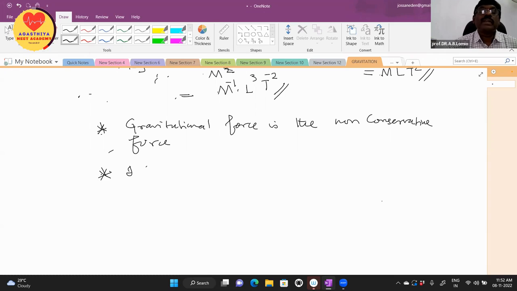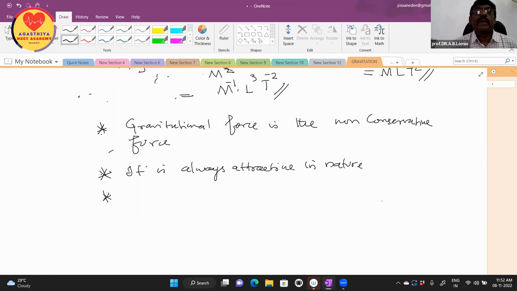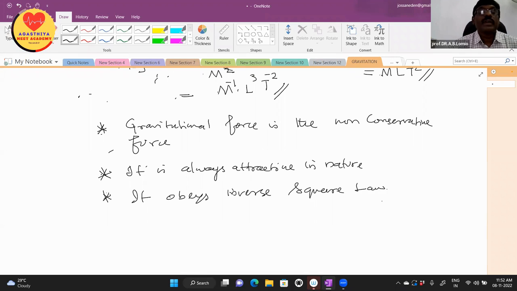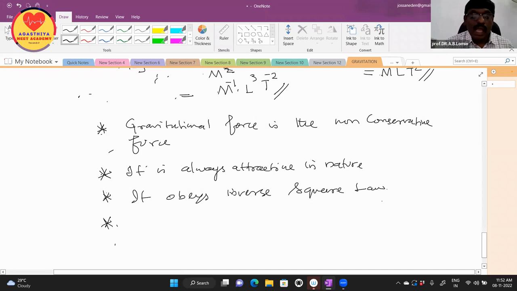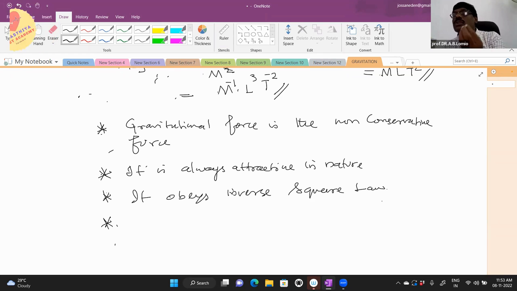It is always attractive in nature. It obeys the inverse square law. Another important point, it is independent of the intervening medium. Whether the medium is present or not, its value does not change.